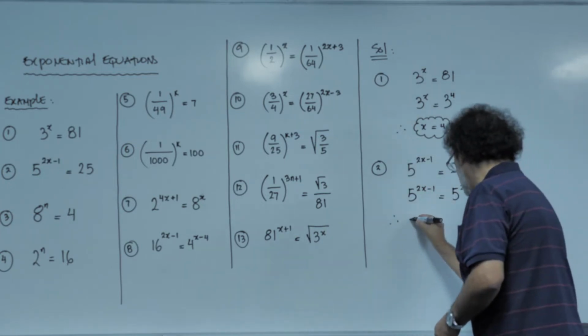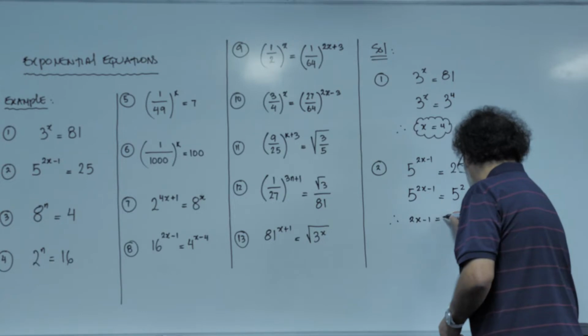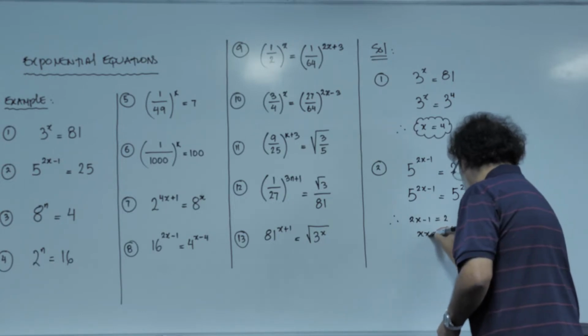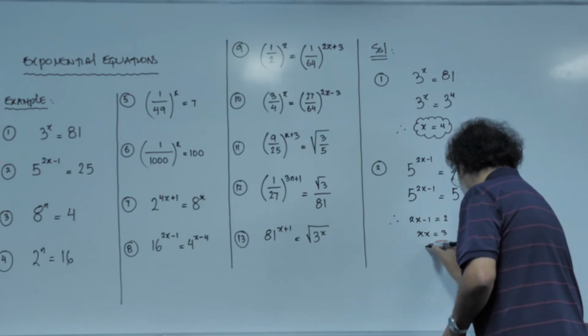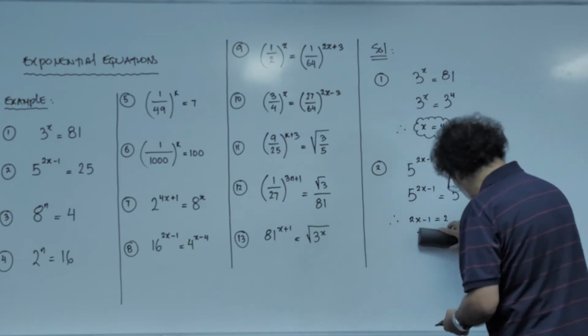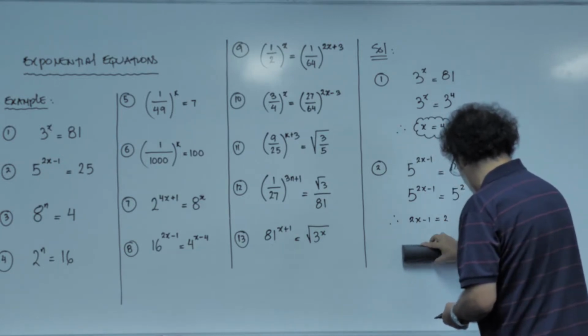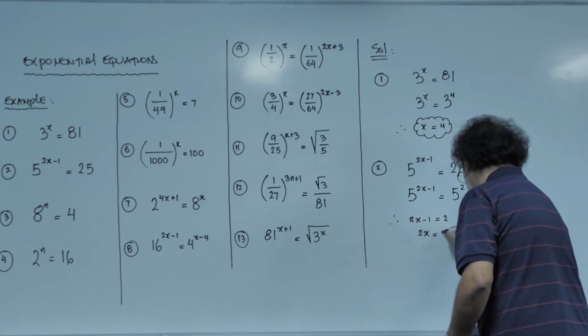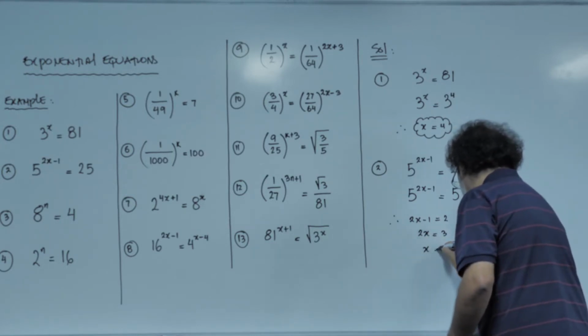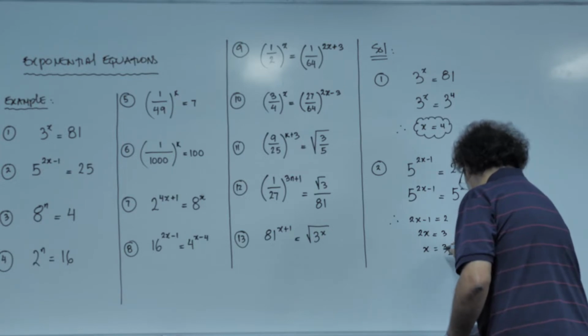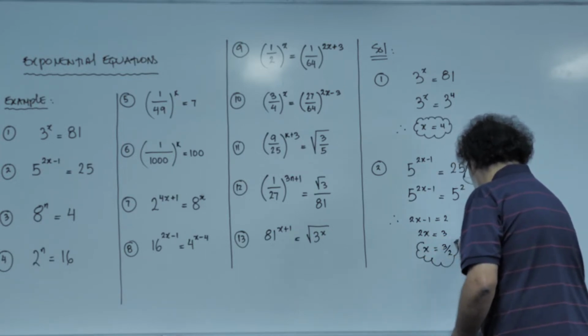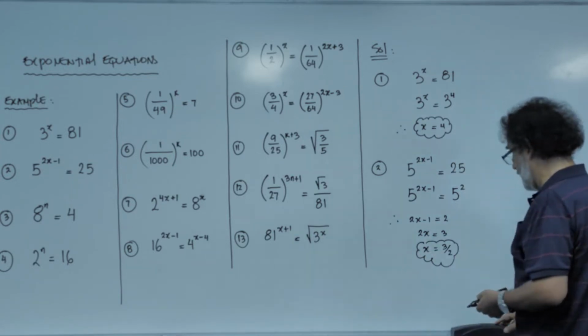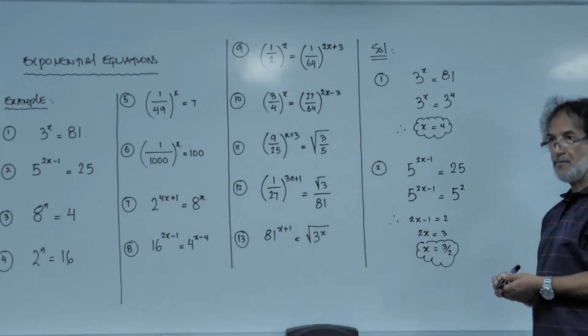So therefore 2x minus 1 is equal to 2. 2x is equal to positive 3. So therefore x is equal to 3 on 2 or 1.5. All right? So far, so good.